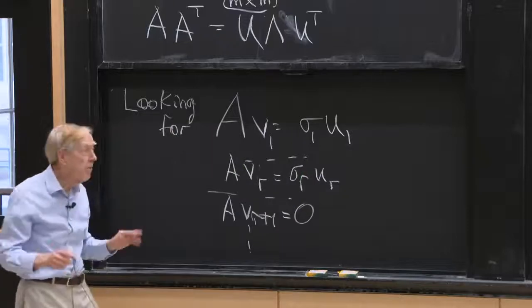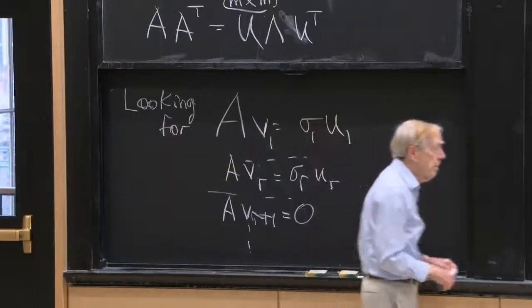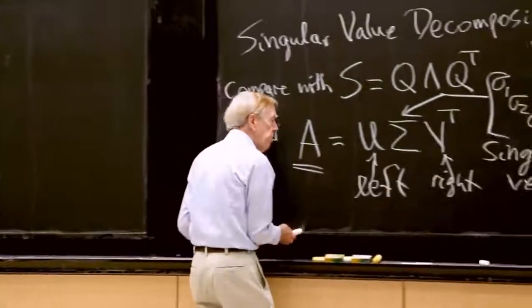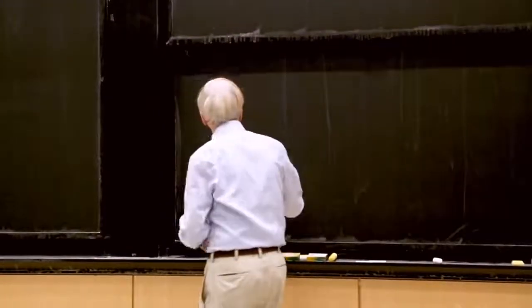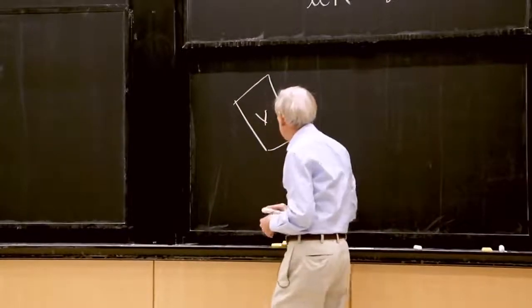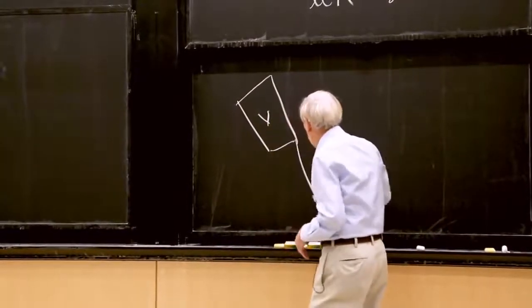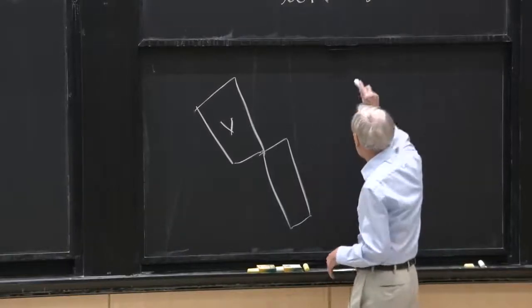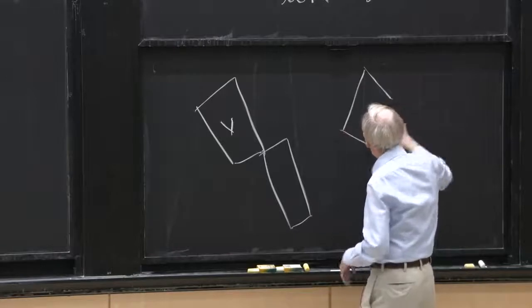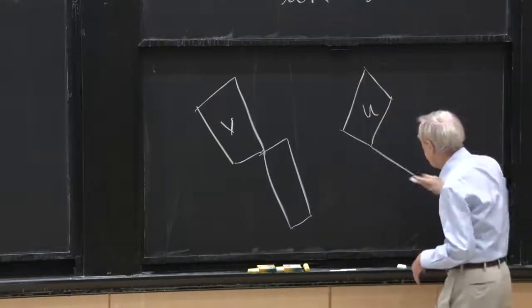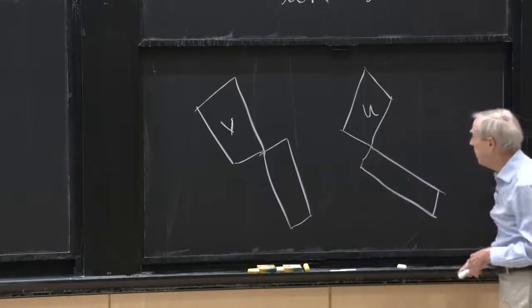In our picture of the fundamental, the big picture of linear algebra, we have V's in this space, and then stuff in the null space. And we have U's over here in the column space, and some stuff in the null space over there.